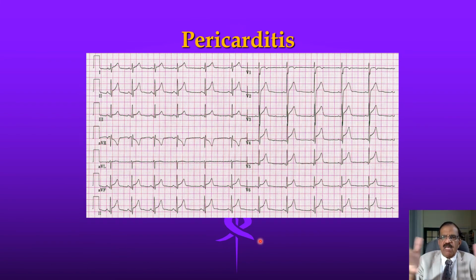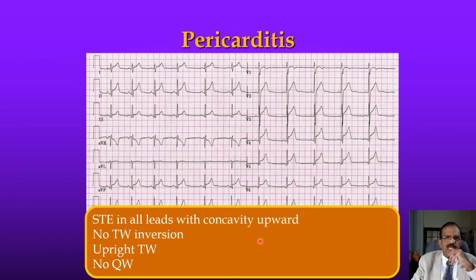Pericarditis sometimes develops as a complication of myocardial infarction also, but this ECG is from a person who has viral pericarditis, and the criteria are, I'm not sure if I've given the criteria, yes, criteria given here: ST segment elevation in all leads with concavity upward, because you can't imagine having pericarditis in one part and not the other part.